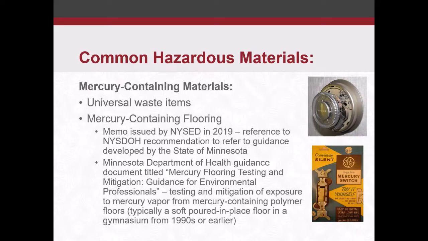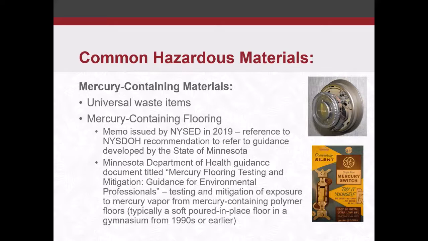Mercury containing materials and universal waste items, and like I said, we'll have a slide a little later on those. Some of the things you might find in building materials, you might sample mastics or caulks, and they might have mercury in them. Another big item is that the New York State Education Department issued a memo in 2019 referring to mercury-containing flooring.